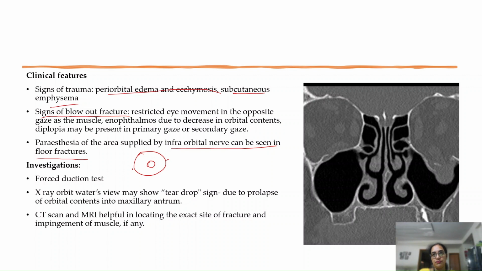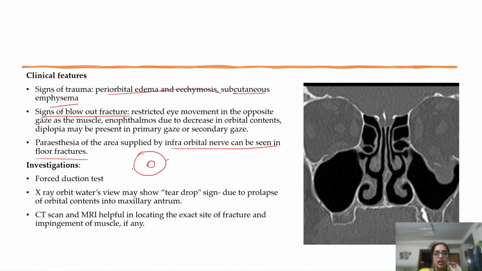If the eye freely moves up, that means the limitation of movement is not due to restriction. Usually in this condition you'll not be able to move the muscle freely because it's caught in the fracture site. So how will you investigate?